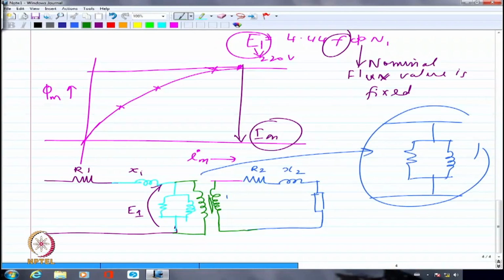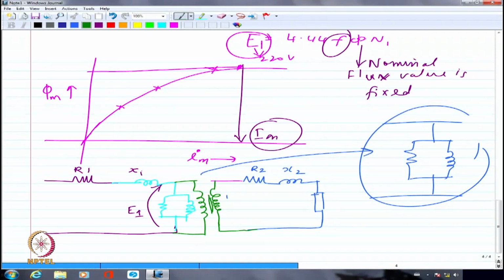Got it? So what I am trying to do is to lump the non-idealities of the transformer in the form of a resistance, inductance in series, and the core losses and the magnetizing current requirement of the core to establish the flux and to feed the losses as RC and XM, again on the primary side itself.